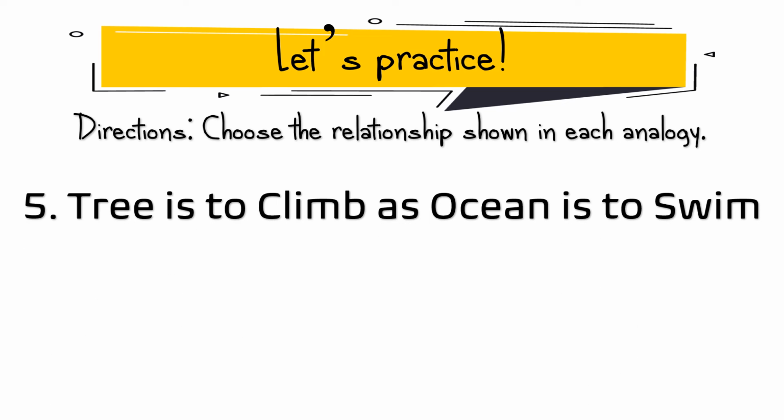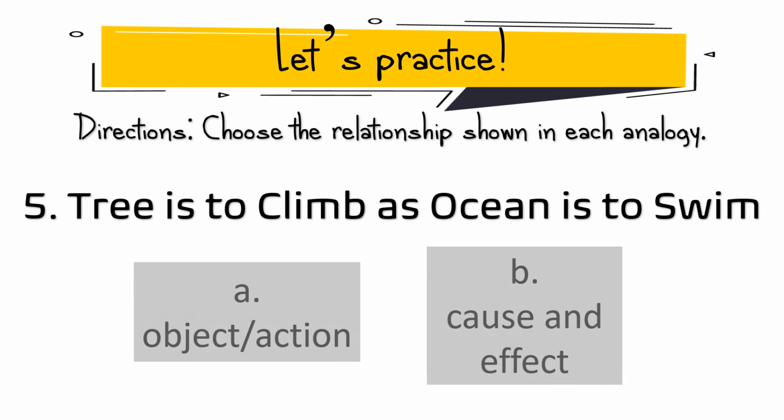Number 5, tree is to climb as ocean is to swim. What is the relationship shown in this analogy? A, object is to action, or B, cause and effect? So the answer is A, object is to action.